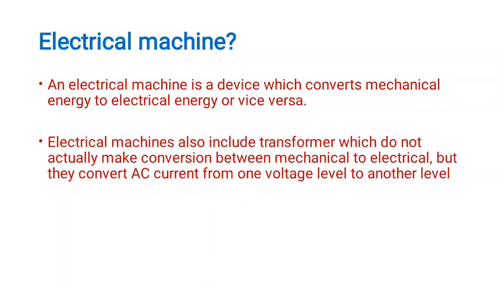So the transformer is also considered as a machine here, but it is not going to convert from mechanical to electrical or from electrical to mechanical. For example, if your load needs 120 volt and your supply is 230 volt, then you want to use a step down transformer, so that the voltage level is stepped down with respect to your load.